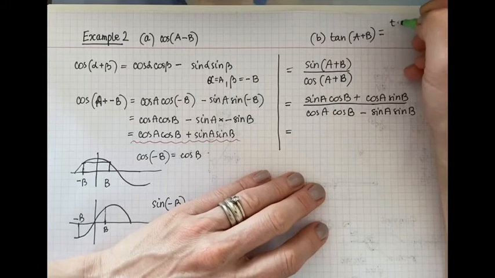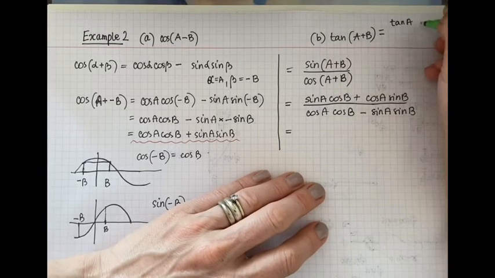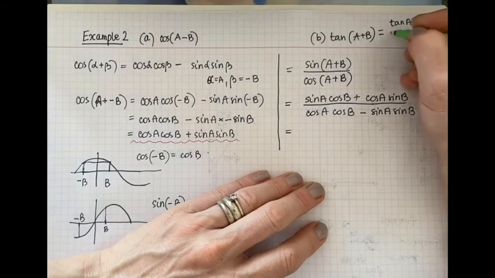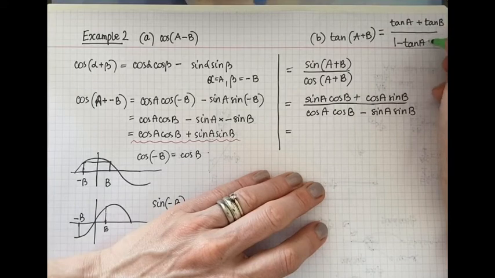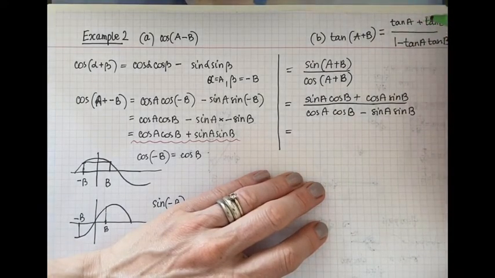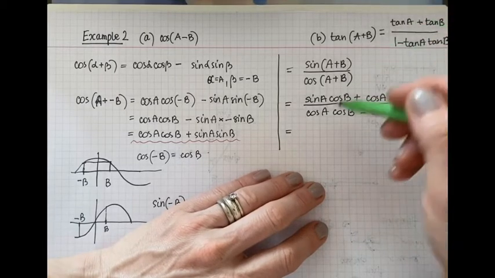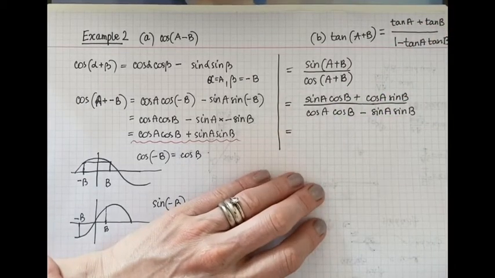If you know what you are aiming for, tan A plus tan B on the top, and then 1 minus tan A tan B, because it's expressed in terms of tans, you're looking for the identity that involves separate tan A's and tan B's. At the moment, I've got sine A's and sine B's, so I need to create those tans.